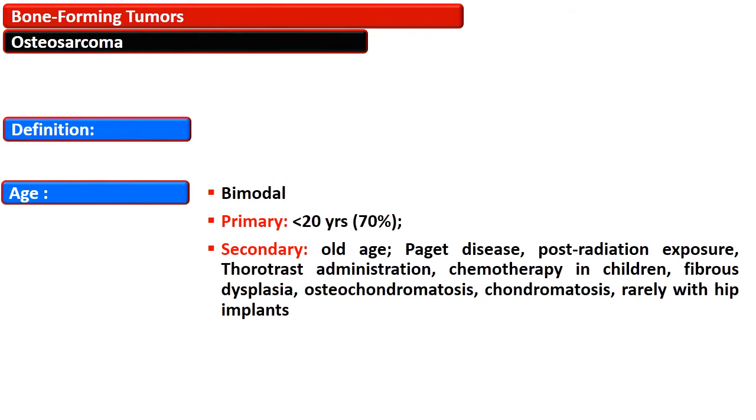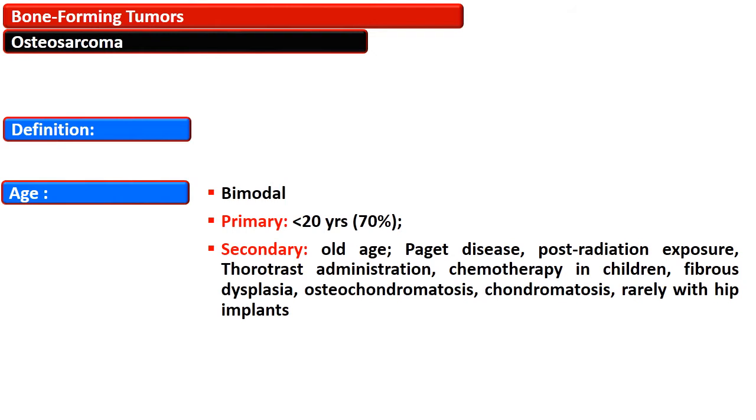It can occur after radiation and after the administration of thorotrast. This thorotrast is a radioactive compound, a thorium dioxide-containing suspension. This was earlier used as a radio contrast agent.